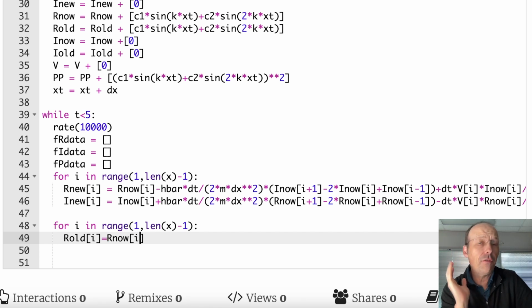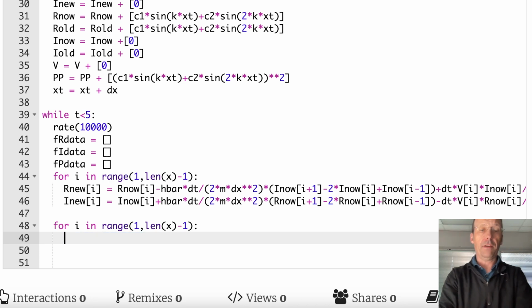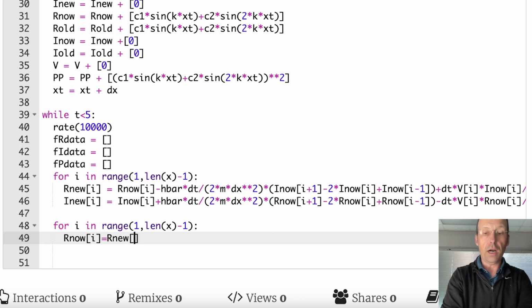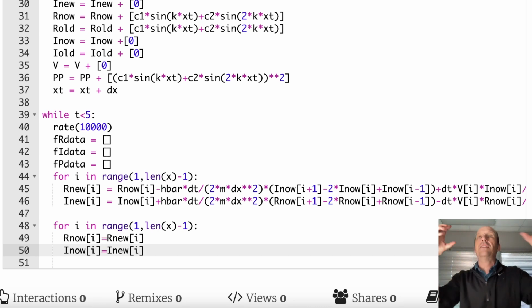Let's just skip this step and see if it works. I feel bad, but that's what I'm doing. So let's just do R now i is equal to R new i. And then the same thing, I now i equals I new i. You can't just set those two lists equal to each other. They'll always be equal. I want to change it. That's what I'm going to do.